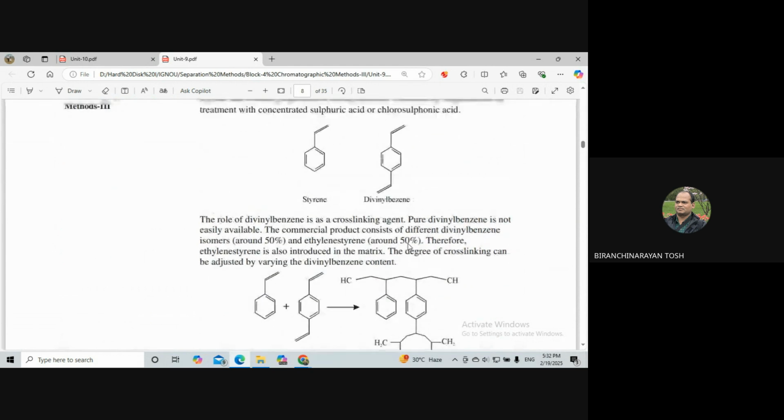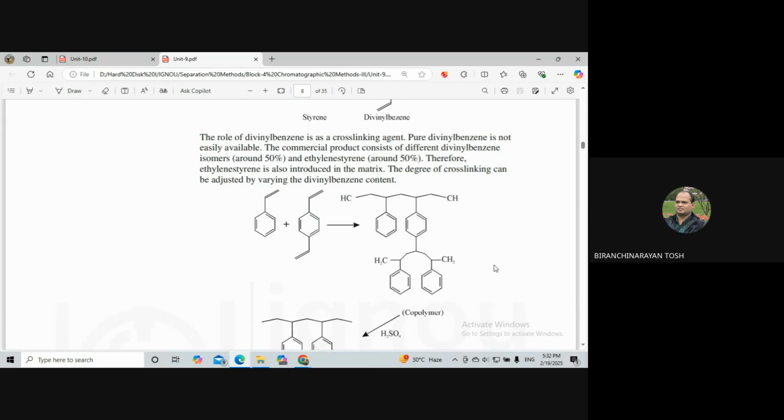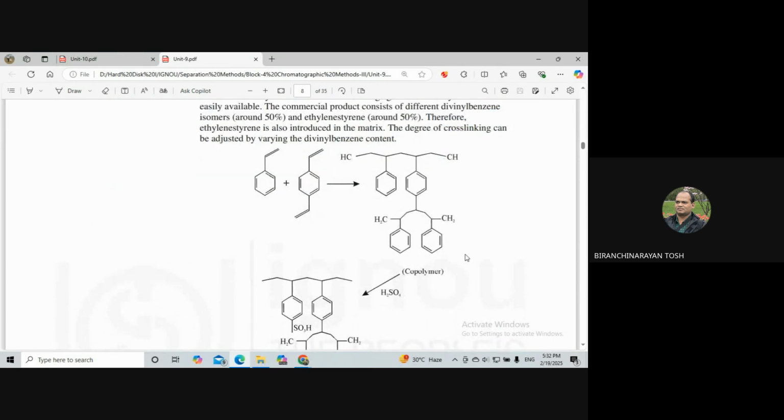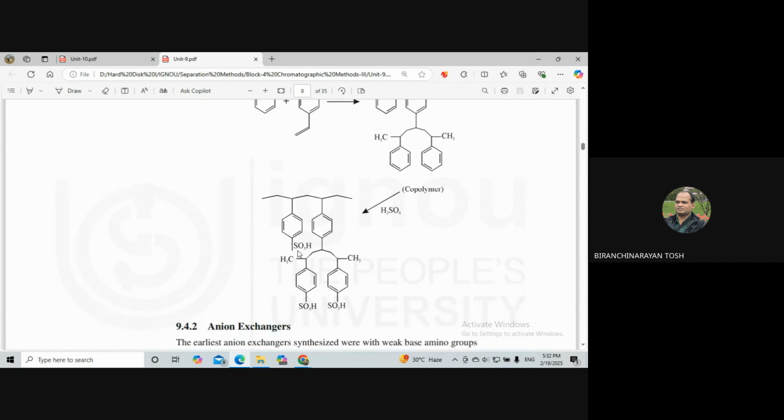So this one, polymer is formed with styrene and divinyl benzene addition polymerization. The mechanism I will not discuss here. So when this polymer is formed, then we have to treat it with sulfuric acid so that the sulfonyl group will be attached to the para position.